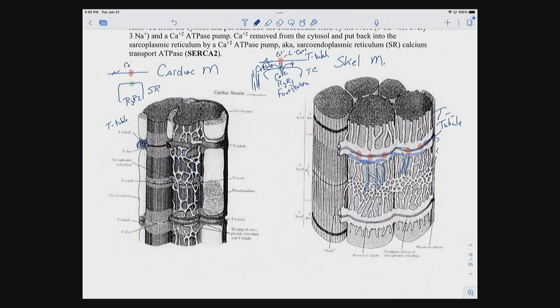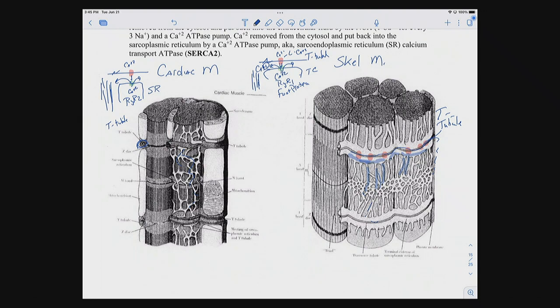It's going to allow calcium to flow in, and the calcium may interact a little bit or will interact with that RYR1 receptor, and as that calcium flows in there, it's going to open, then allowing calcium then to flow out, and of course you have your actin and myosin over here to do what they do. So that's kind of a simple cartoon of how they're a little different.